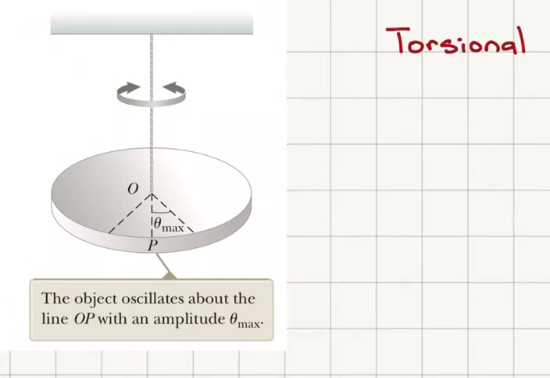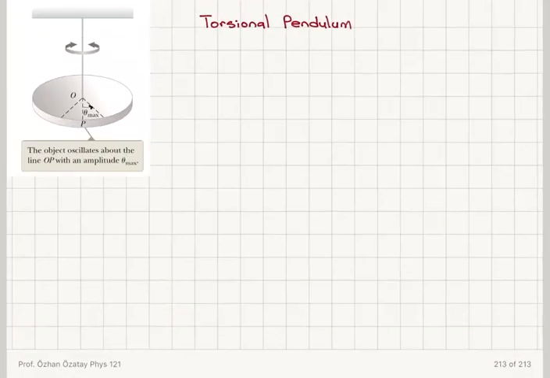Okay, and it's twisted through an angle theta max here. So what will happen is when this disc gets twisted, it's going to start oscillating between plus and minus theta max. So this is going to be the direction of the positive angle, let's say.